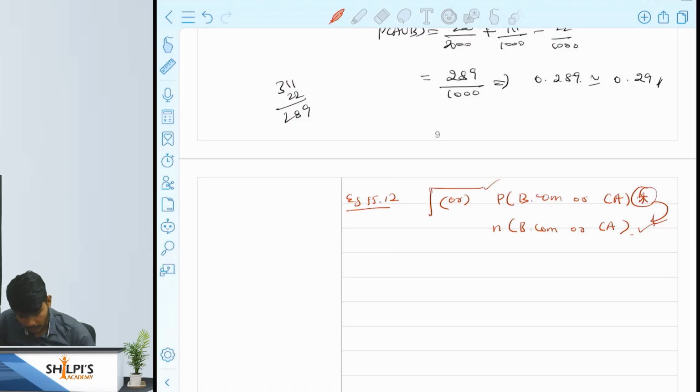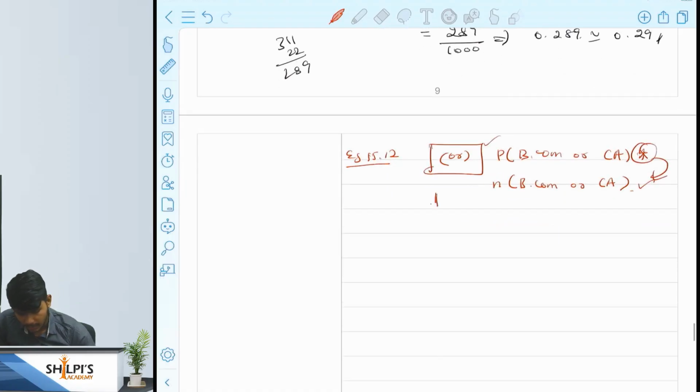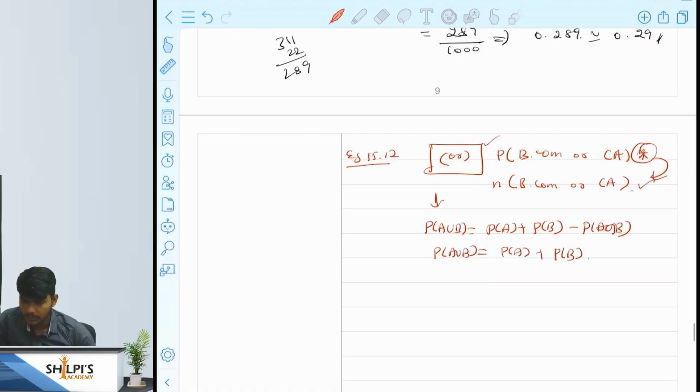So from the keyword OR itself, we can say that we will definitely use this formula, or the addition theorem if A and B are mutually exclusive events, right? Since they have given also the probability for having both degrees, we cannot apply the addition theorem.